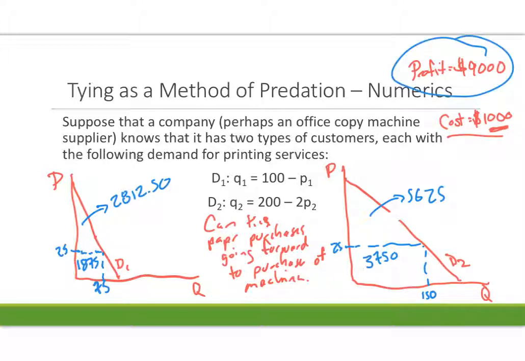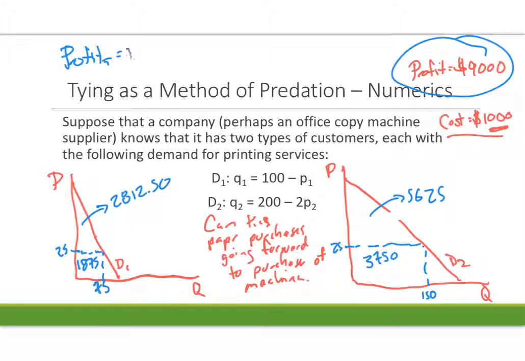Okay, so remember what we said before. We said if they're just charging one price and they're not tying anything, their profit's going to be $9,000. Well, now what happens if they charge $25 for paper supplies going forward, and then now their choice is, what do I want to charge for a printer? So let's see what happens. So let's go profit, tying equals.